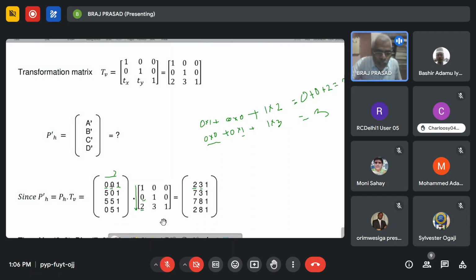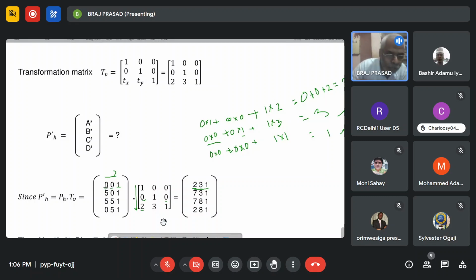Now this 0 0 1 is multiplied by this 0 0 1. So 0 into 0 plus 0 into 0 plus 1 into 1, and after simplification we get 1. So 2 3 1. This is the first value.